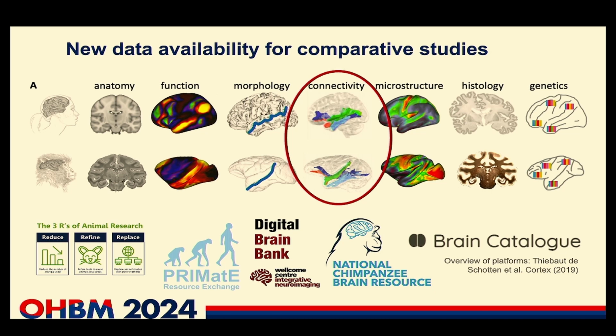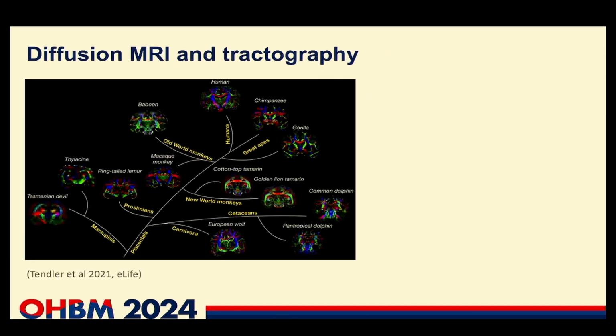For example, we have the PRIMATE database, which contains neuroimaging data of a variety of different primates. We have the Oxford Digital Brain Bank, which has a variety of postmortem scans for different species, the Brain Catalog, and many, many others. And they're available for use, so if you're interested in this kind of research, please look into those. They're fantastic.